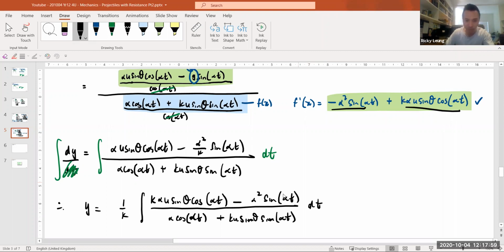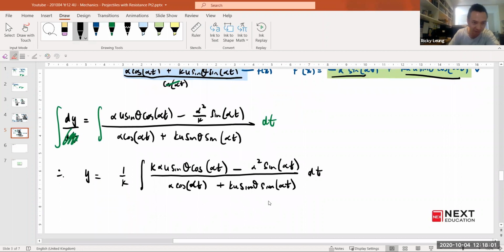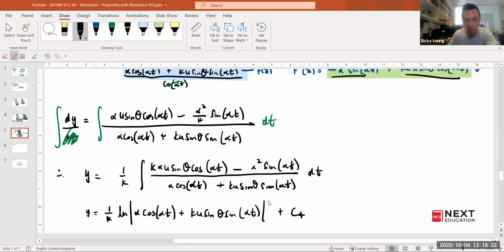That is integrable, if that's a word. Therefore, that equals 1 on K ln of this bottom denominator. And I'm not done because I haven't found my constant yet. But hopefully, when I do sub in my constant, this ln will be 1. So plus C4.